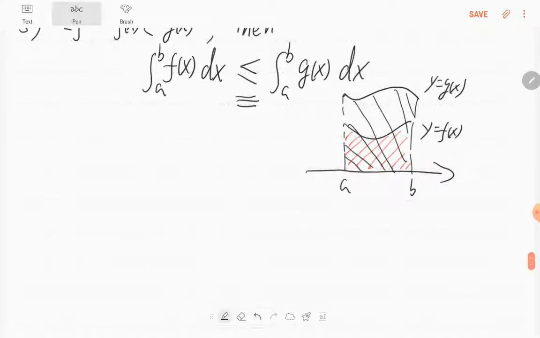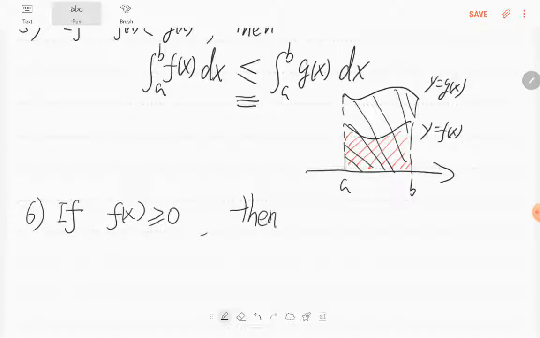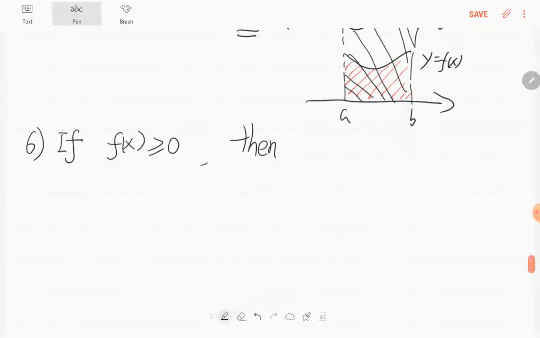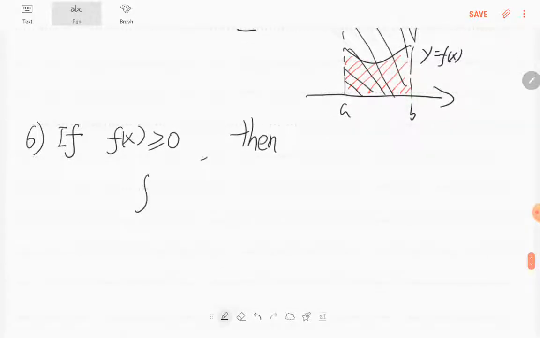And property 6 is a special case of property 5, which is if f of x is greater than or equal to 0, then the integral from a to b of f of x dx is also greater than or equal to 0.